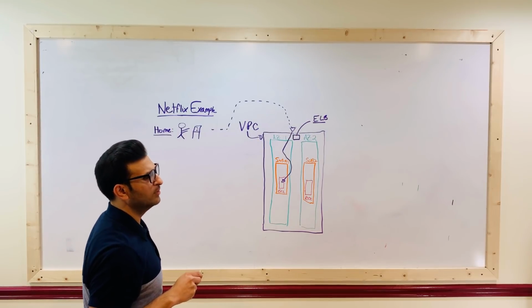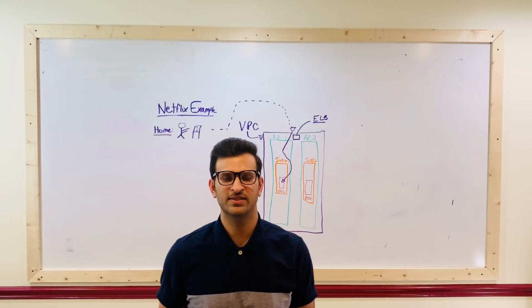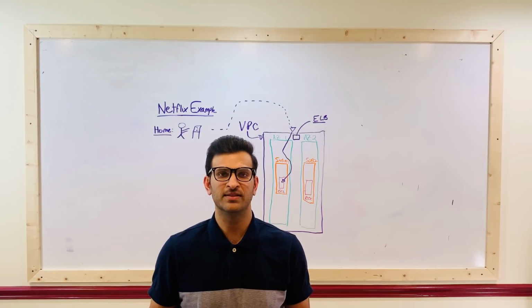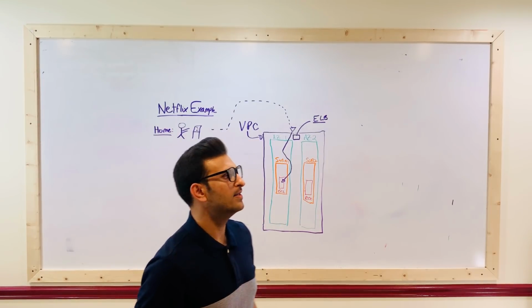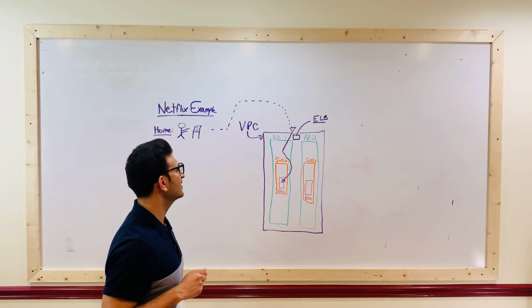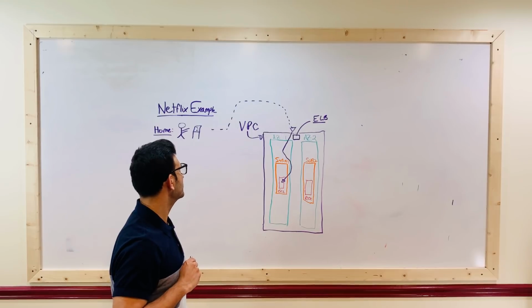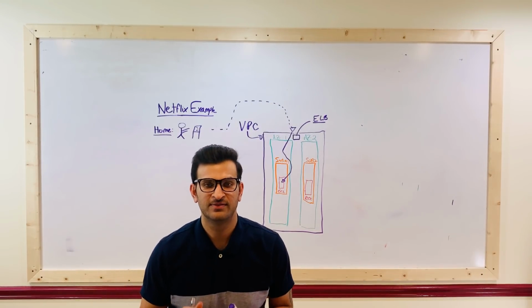The elastic load balancer asks, okay, which instance can handle this person's request without disrupting the traffic or disrupting the connection? And it picks an instance and it goes into that instance in order for you to watch your show. Okay? Fair enough?